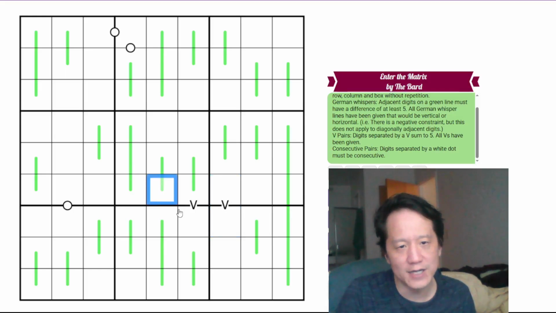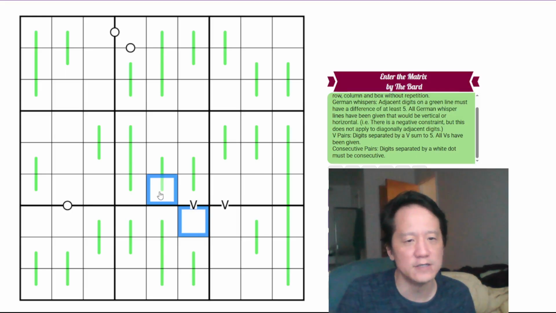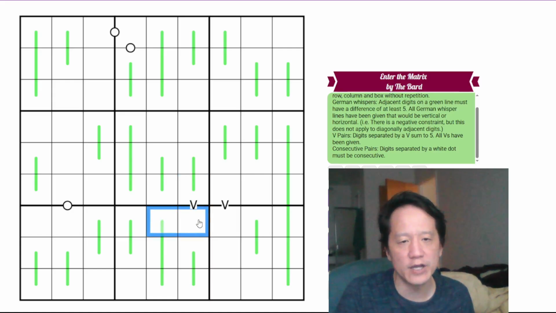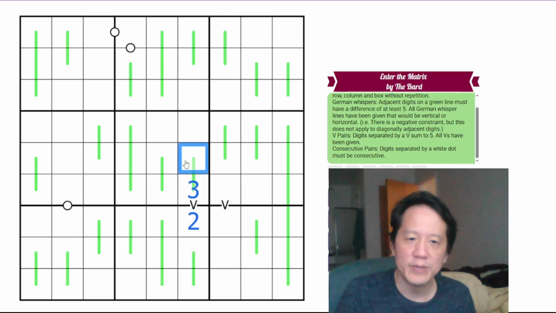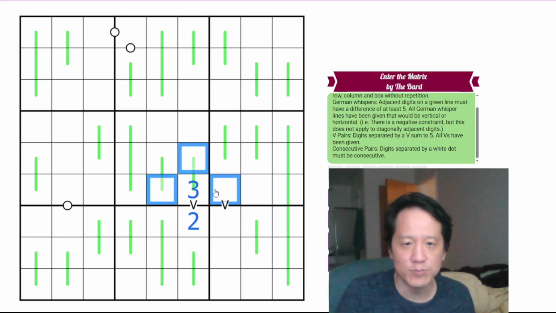So you cannot have a V go across these lines, essentially. But all possible pairs of cells that add up to 5 and share an edge with each other are given. So for example, if this was a 3, this would have to be a 2, but none of these cells here can be a 2, because there would have to be a V between any of those cells and this cell if these were 2. And that's how V pairs work.